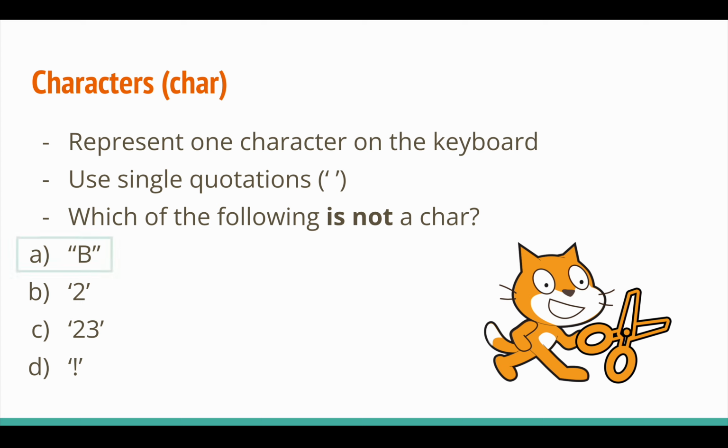So it would be B and C. The reason for that is B is wrapped around double quotes, not single quotes, while this 23 is wrapped around single quotes. It's actually two characters and not one, so it is not a char.